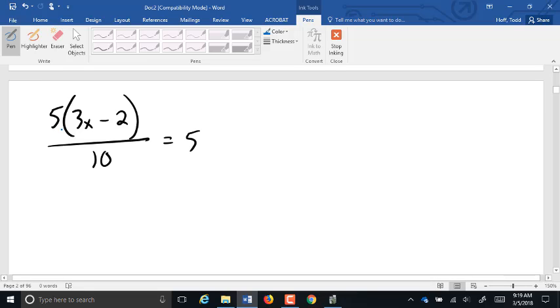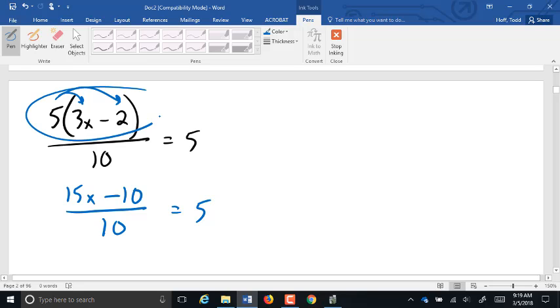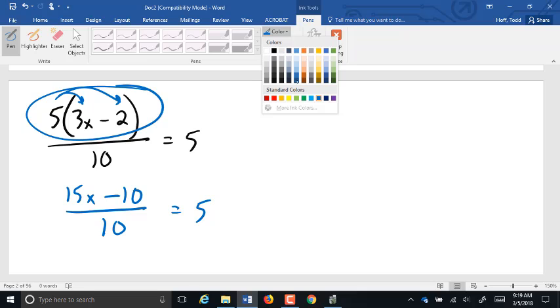The parentheses here gives us something we can simplify on the left side. 5 times 3x is 15x. 5 times negative 2 is a negative 10. So all that we do is we replace this piece here with that 15x minus 10. So it's 15x minus 10 over 10 equals 5.